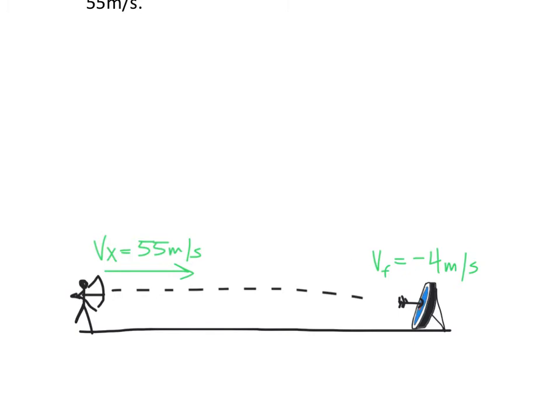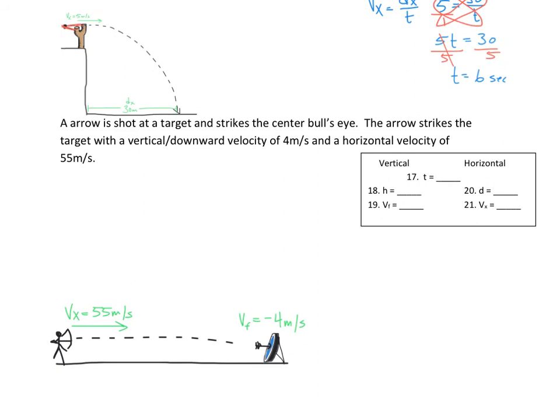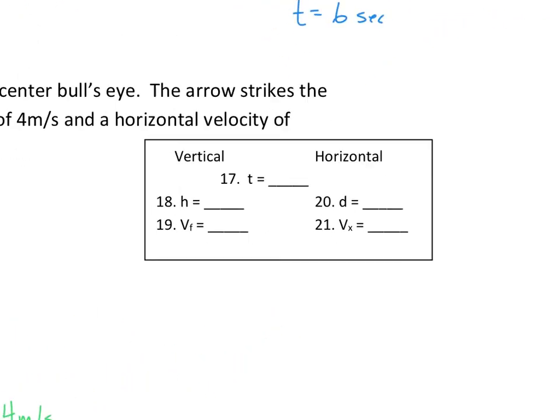Okay, so we need to calculate the time it takes, the horizontal distance, and the height of the archer or the arrow. So first step here is to solve for time. Since time connects the horizontal with the vertical, we need to solve for time first. Now looking at what I have, let's fill in that information first.